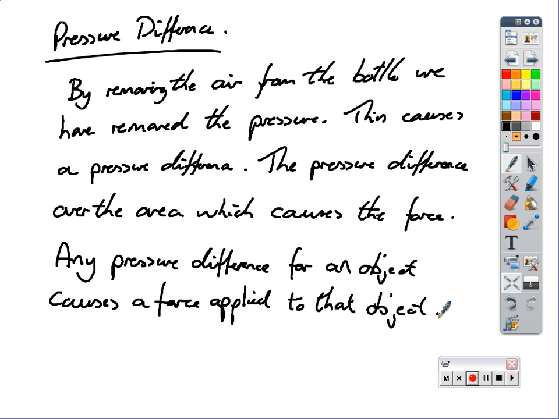Does that make sense? Any pressure difference for an object causes a force applied to that object.